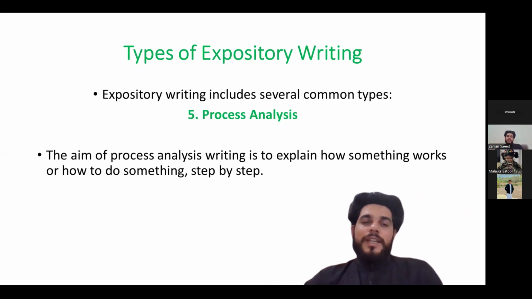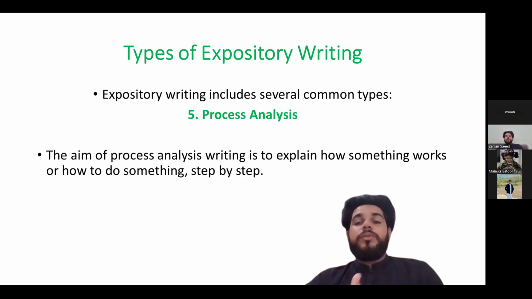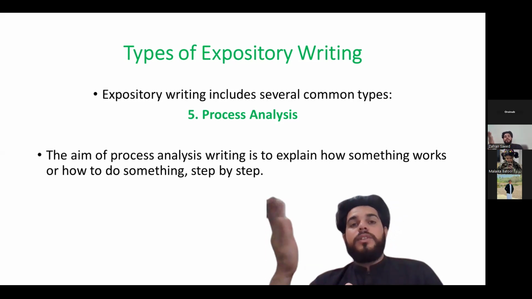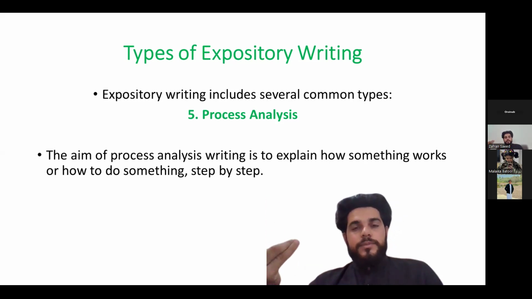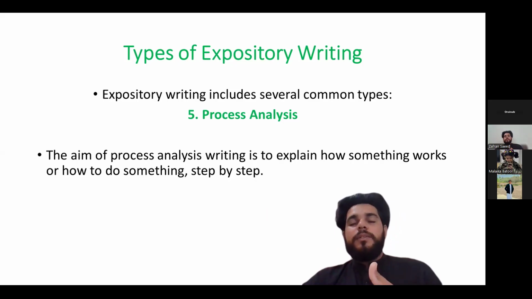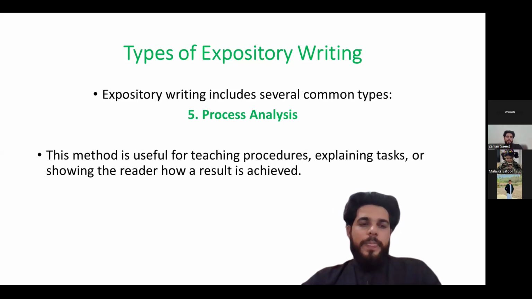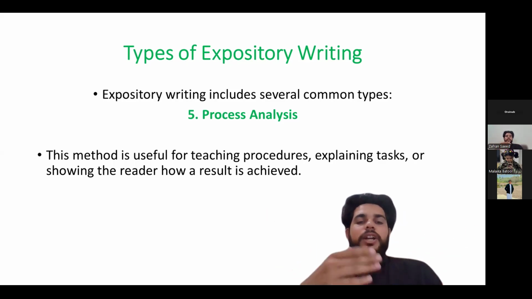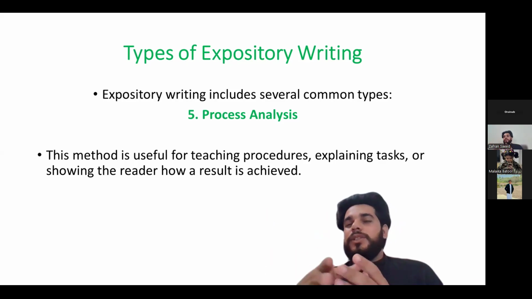So this is a process. In process analysis, you write to explain how something works or how to do something step by step, using words like firstly, secondly, initially, finally, thirdly, lastly. This method is useful for teaching procedures, explaining tasks, or showing the reader how a result is achieved. Why?